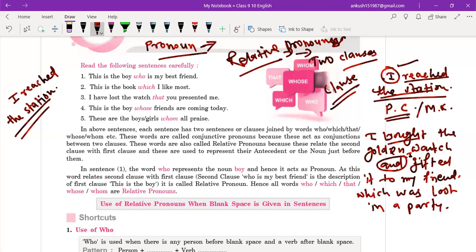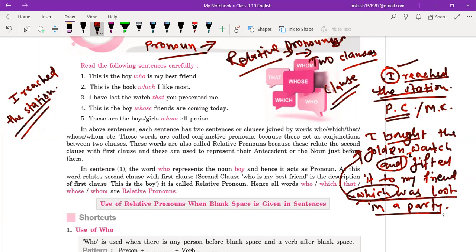Now, if you see the sentence from which was lost in a party, what was lost in a party? Watch. Okay. Watch was lost in a party. Understood? So this sentence is incomplete without the first sentence, because we are not getting what was lost. So this is called subordinate clause, where the relative pronouns are used.